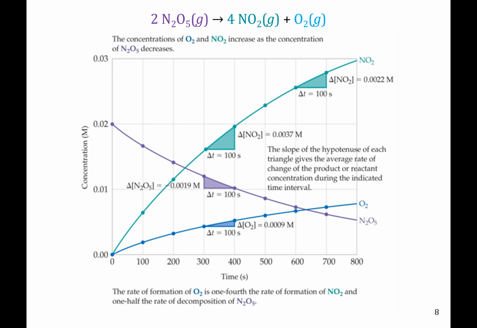Right now, let's just focus on the idea of decreasing reactant and increasing product. It says the slope of the hypotenuse of each triangle gives the average rate of change of the product or reactant concentration during the indicated time interval. In other words, taking the slope of the line will tell you the rate at that given time interval.